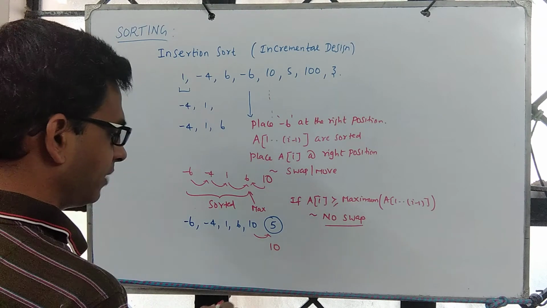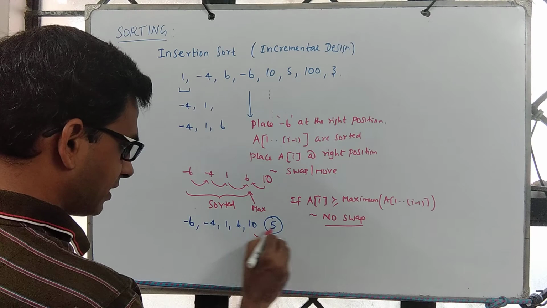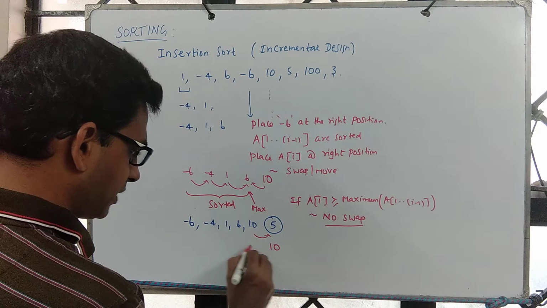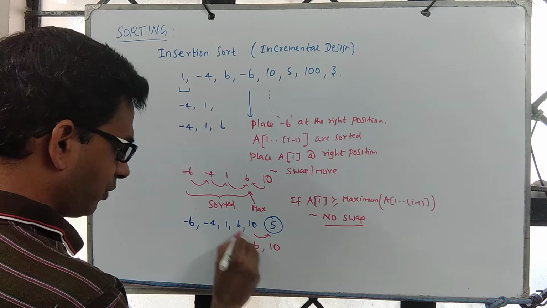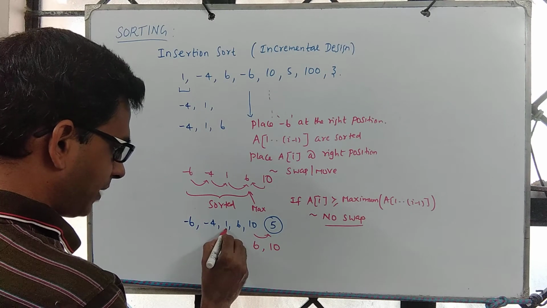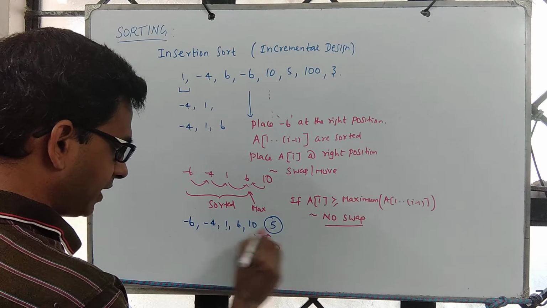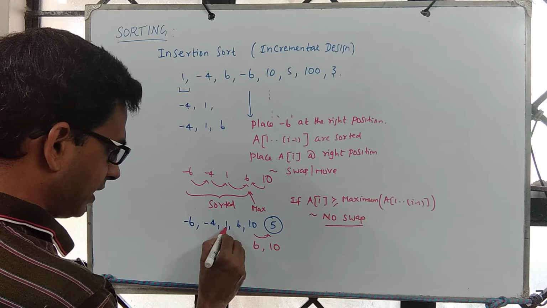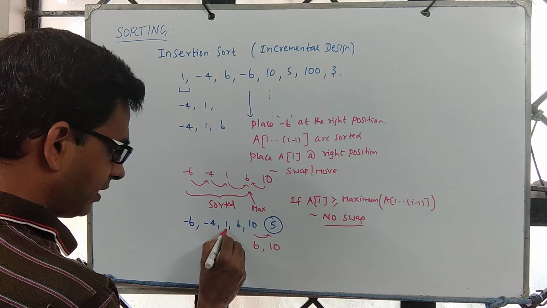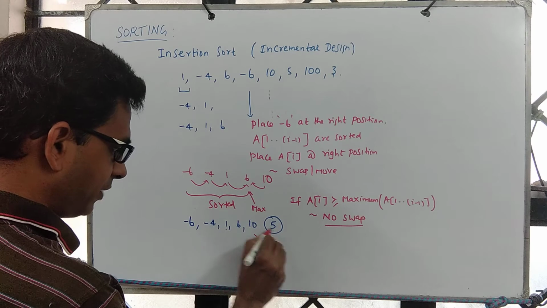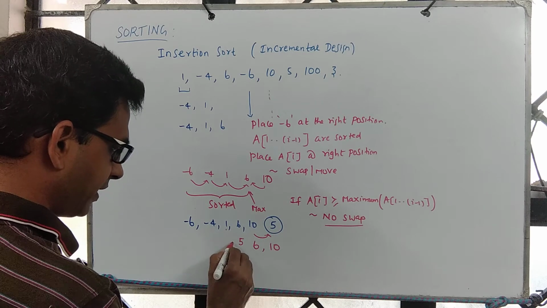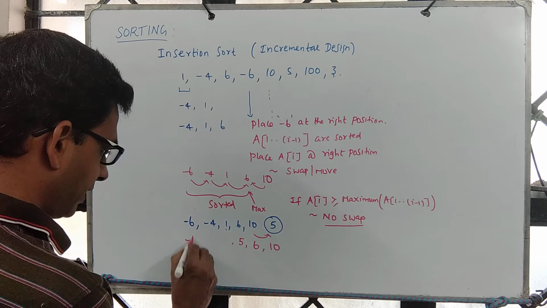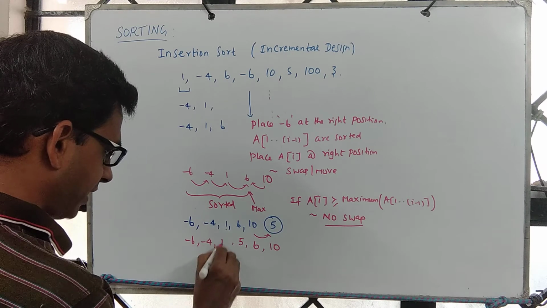So I place 10 over here, then 6 and 5, this one is max, so you place, now this place is empty, you place 6 over here. Now you compare 1 and 5, you see that this part is sorted. For this part, max is here, and this value is at least this value, so no swap, you place it here. You can stop the algorithm, rest of it they are placed as it is.